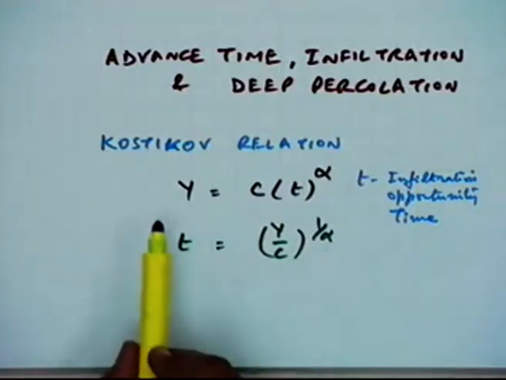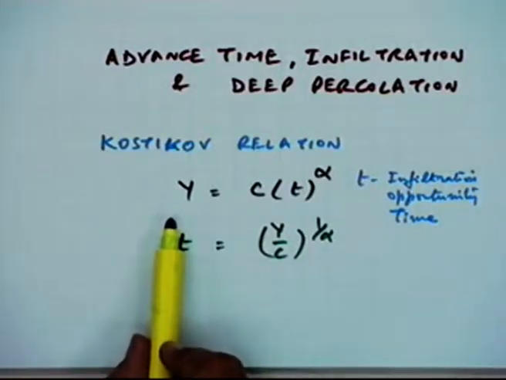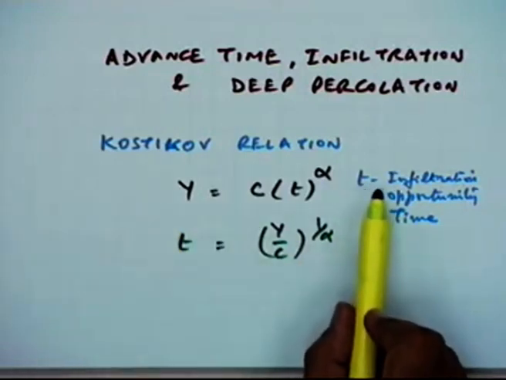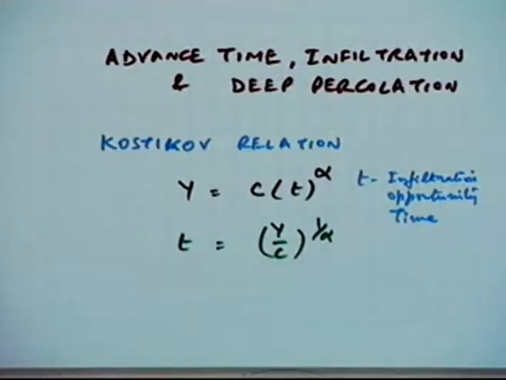So accordingly, the depth of infiltration can be determined depending on what is the time of infiltration, or what is the time for which at least that assumption is valid, that the amount of water is more than the infiltration opportunity or the infiltration capacity.